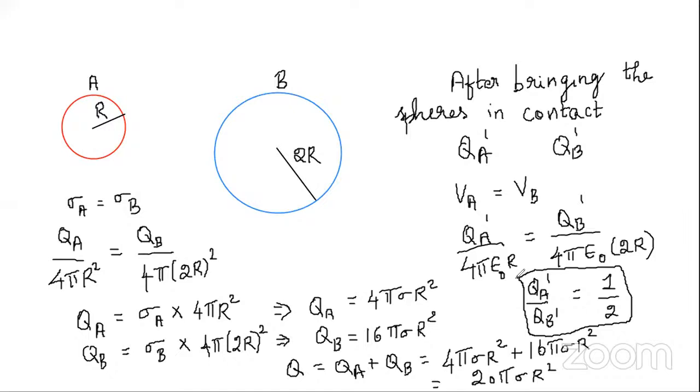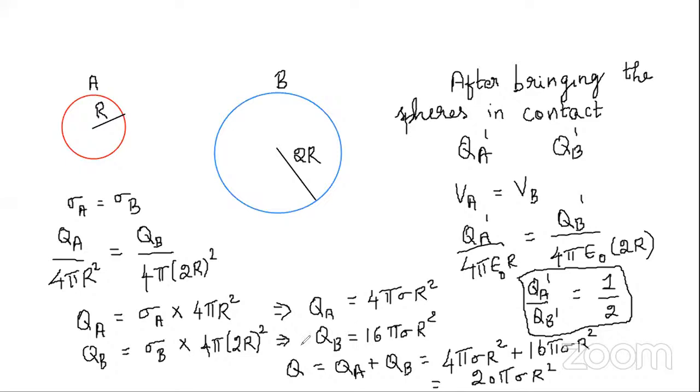So what is the meaning of that? According to the conservation of charges, this total charge 20 pi sigma r squared can't be created or destroyed. The total charge before bringing the two spheres in contact should also be equal to the total charge after the spheres are separated.